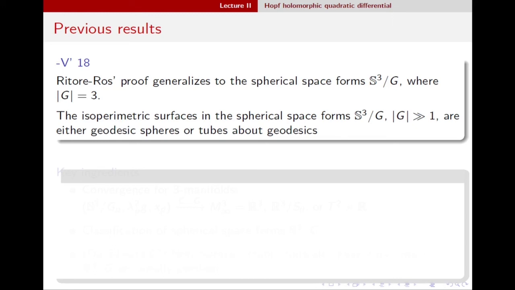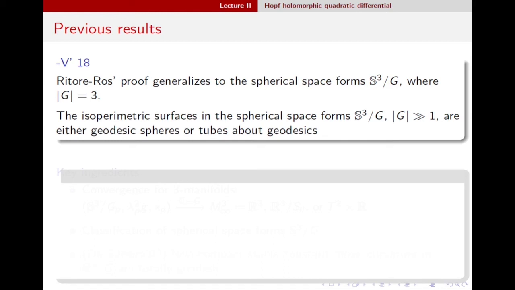In that case, we showed that geodesic spheres and tubes about geodesics are the only solutions for the problem. So essentially, in the proof of this result, we just need to rule out non-trivial topology because the description of genus 0 and 1 was already given by Ritter and Ross.